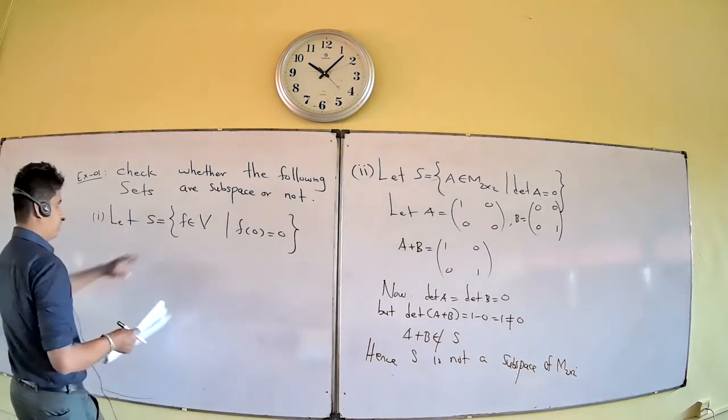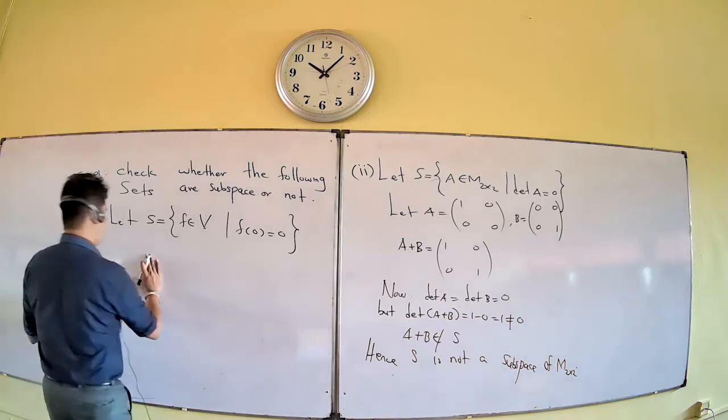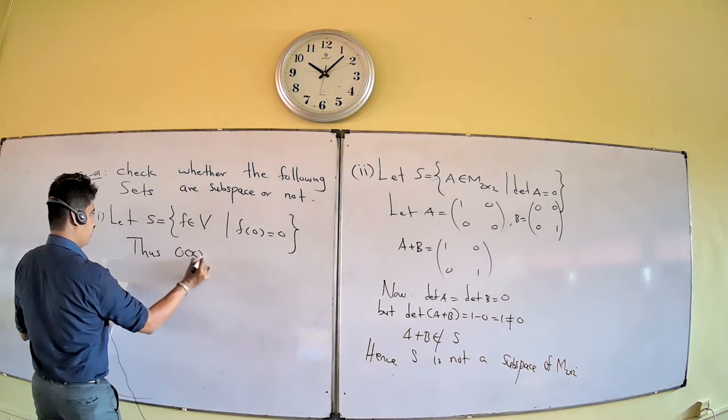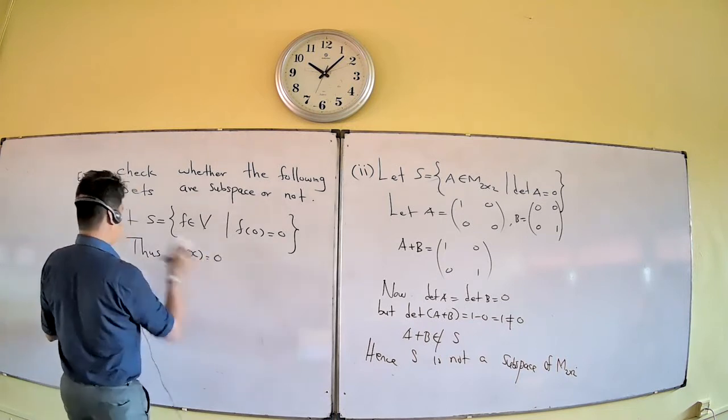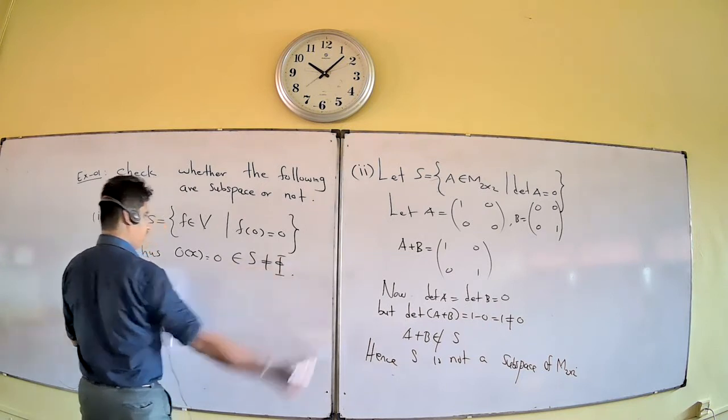Check whether this is a subspace or not. Obviously, you know that the zero function, 0 of x, is 0. Therefore, this zero function belongs to S. So it's a non-empty set.